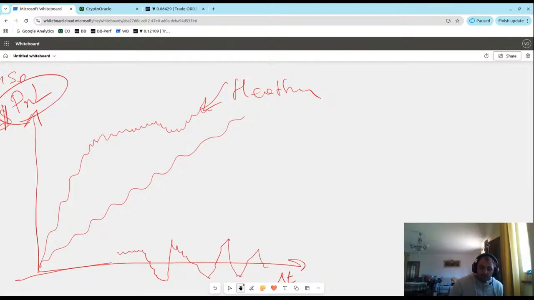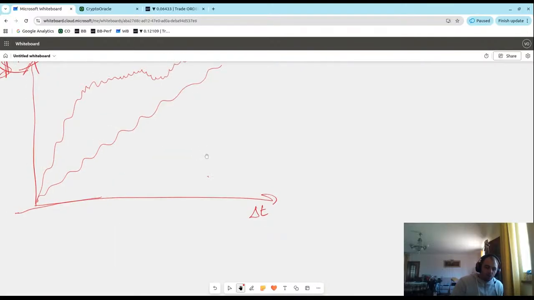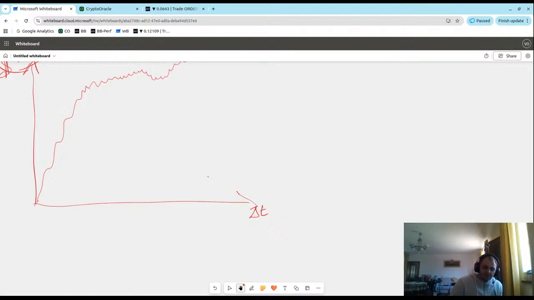Okay, there's another graph. Hang on a second. Something is telling me that a more common graph is like that. It's like that, and that, and that, and so on and so forth, right?